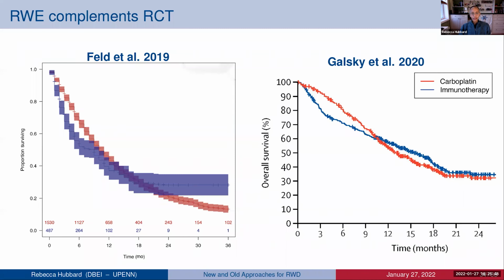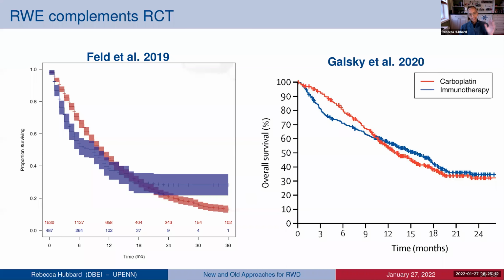I would argue that we shouldn't think of this as potentially using real-world evidence to replace randomized clinical trials, but to supplement or complement or fill in the gaps in what we can do in an RCT. So on this slide, on the left, I'm showing you the investigation that we conducted that was published in 2019 based on the Flatiron Health EHR data.